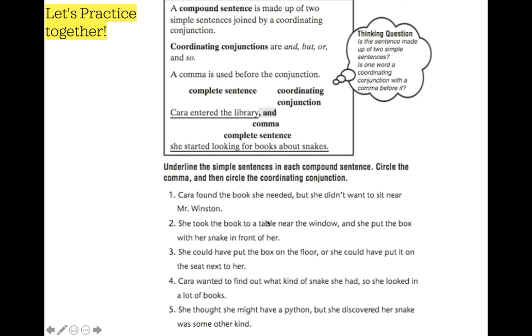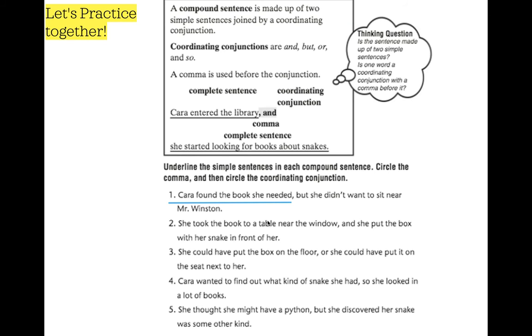So underline the simple sentence in each compound sentence. Circle the comma and then circle the coordinating conjunction. Okay, so we have: Kara found the book she needed, but she didn't want to sit near Mr. Winston. So we need to think about which two parts can stand by themselves.